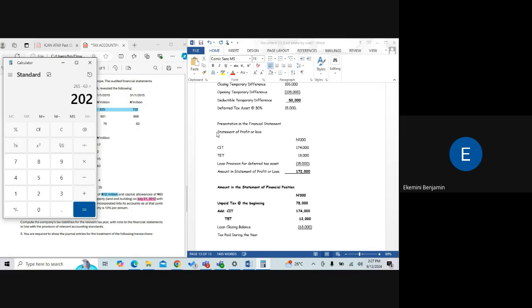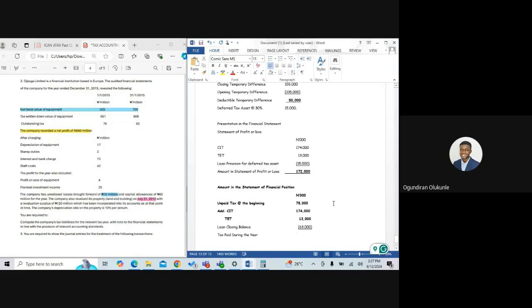So you have 202. That's the tax paid during the year. The process is too long, but it's simple. Trust me. It's straightforward. So this is pretty much it.